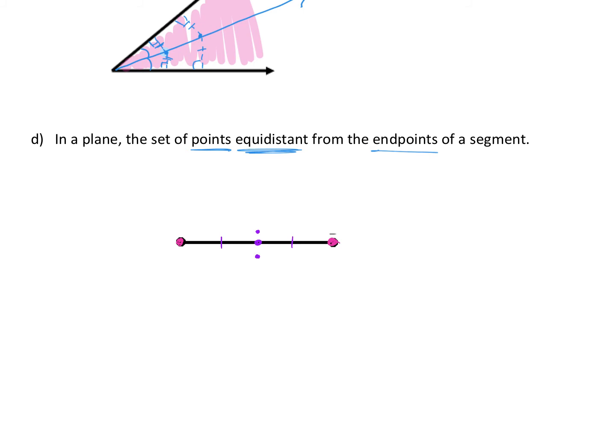That could be any point, right? So if I draw this line in, any point on that line would be the same distance to both of them, right? I could pick a point down here, and that distance is going to be the same as that distance. So my locus is the purple bisector, right?